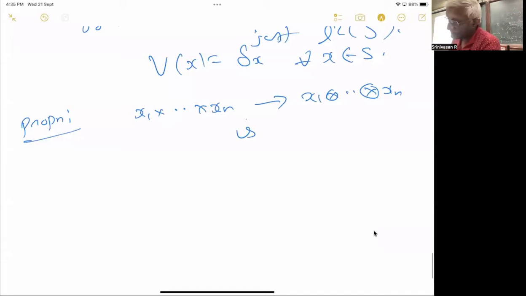Now this is equal to, of course, we have three of them. With two of them, you know how to compute the norm square: norm of the first one square, norm of the second one square, minus two times the real part of the inner product between them. But when you have three of them, it's like the a plus b plus c whole square formula. So you will have the square of the first one, the square of the second one, the square of the third, and the real part of each two of them.